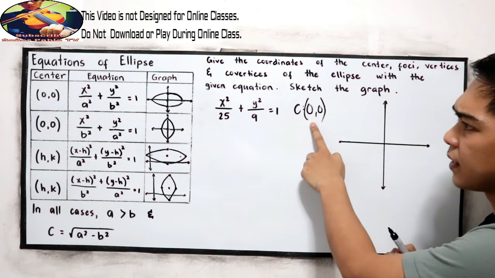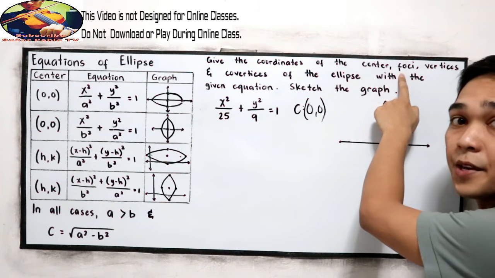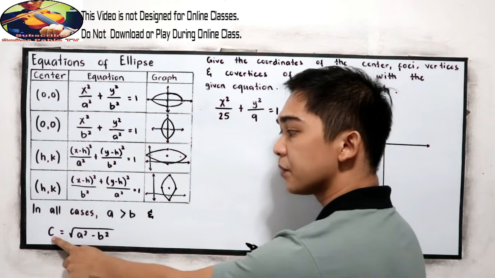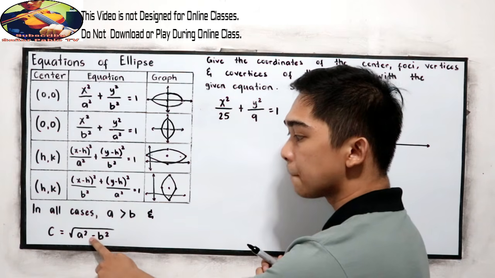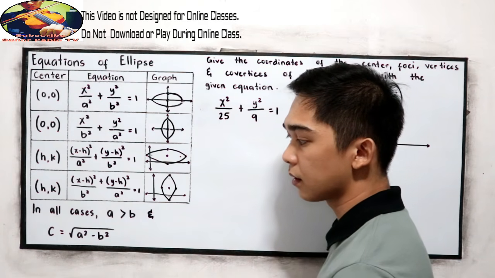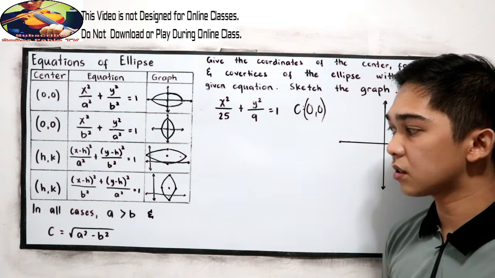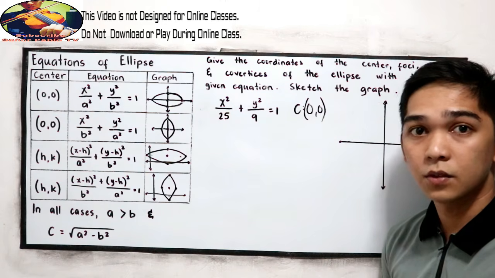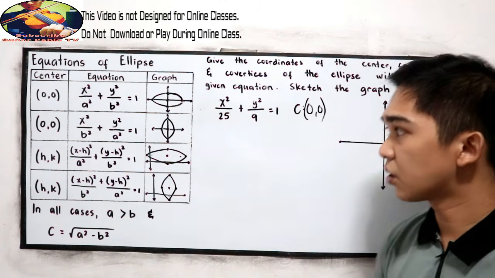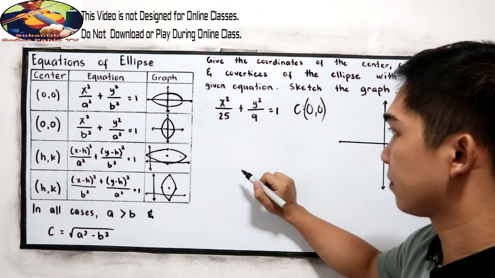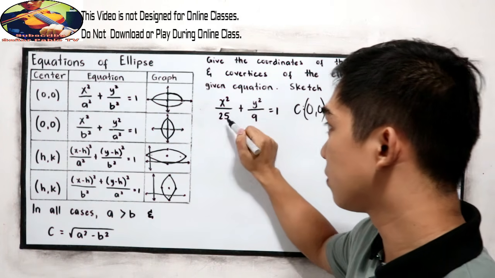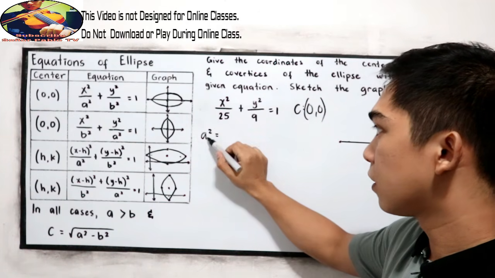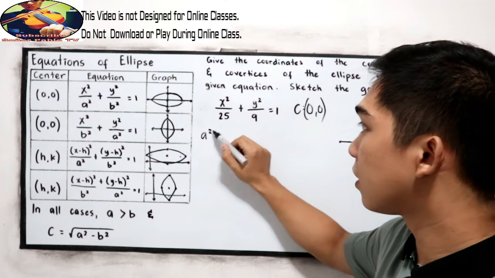Now, let us find the foci. In foci, we have the formula square root of a squared minus b squared. First, let us find out what is a and what is b. So this is our a. So a squared is equal to 25.